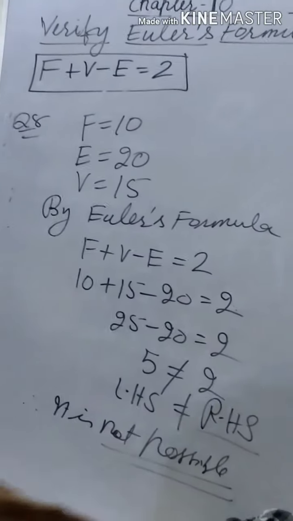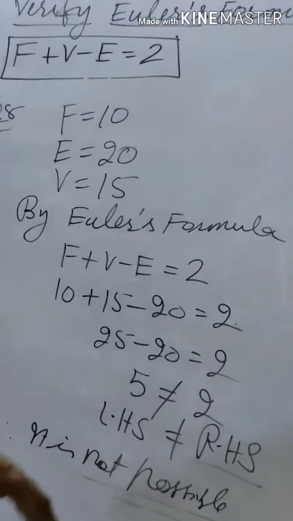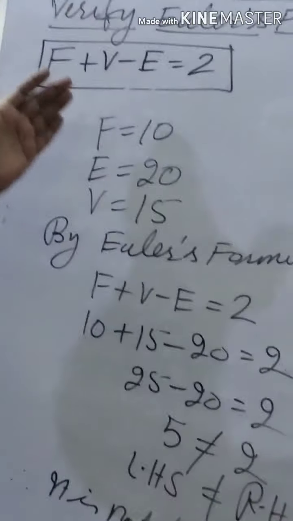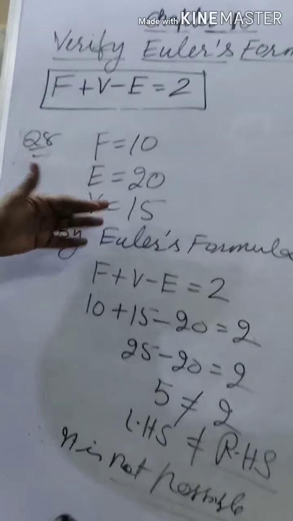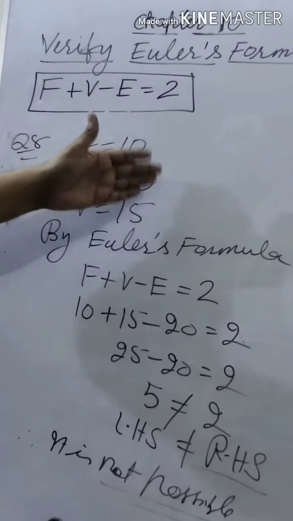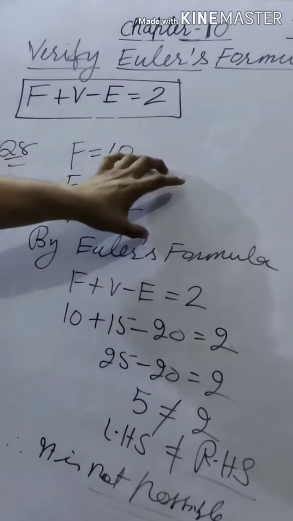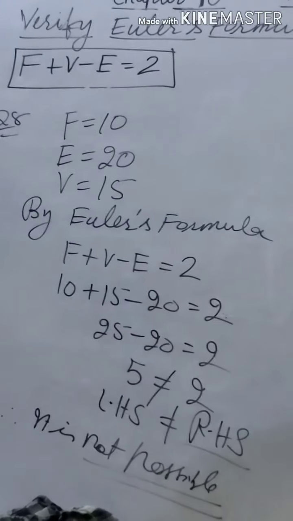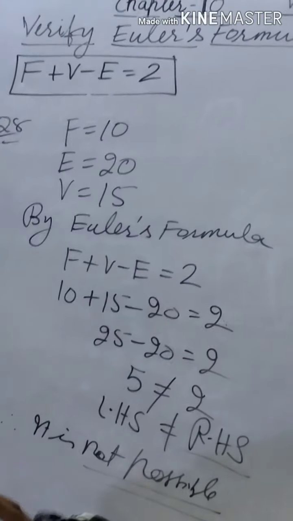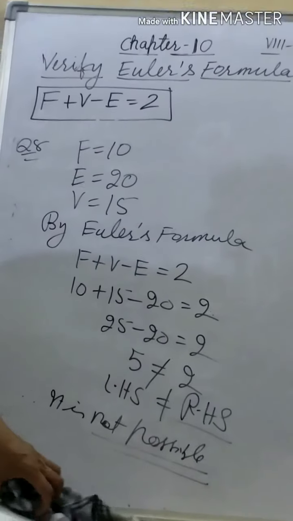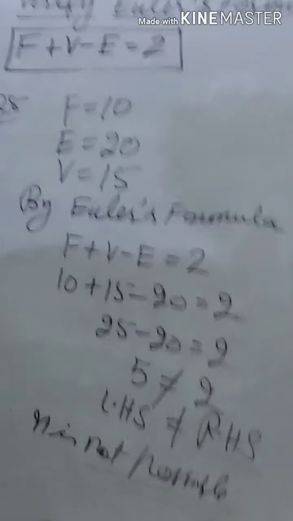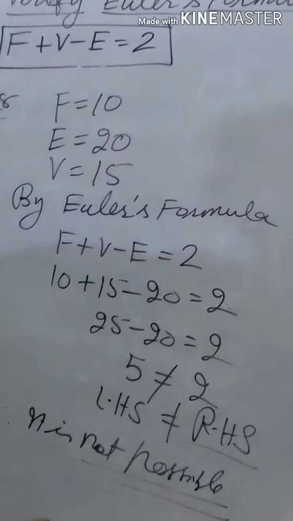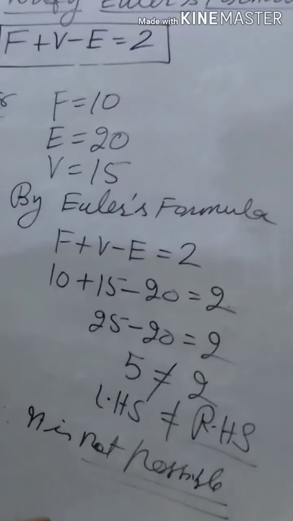This type of question can also be asked, whether these faces, edges and vertices are possible for a polyhedron or not. So, my dear students, you have to revise these types of questions from chapter 10, because maximum questions can be asked from your examples also. Thank you. Have a good day.